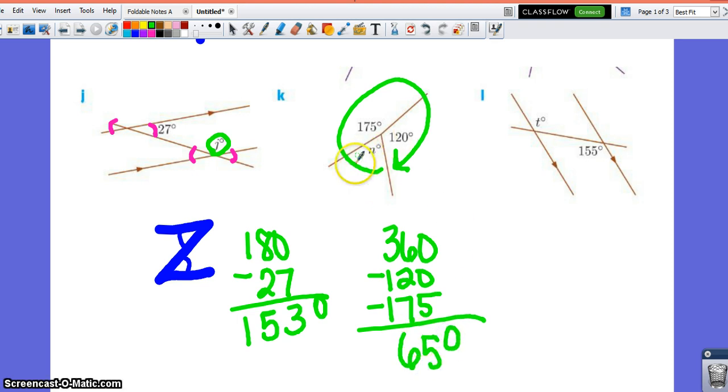So this angle right here is 65 degrees. Now, T here is going to be the same thing here, which is congruent to this, which is congruent to that, which means basically you don't have to do any math here because you know that T is equal to 155 degrees. Okay, so let's go over and look at the next page.